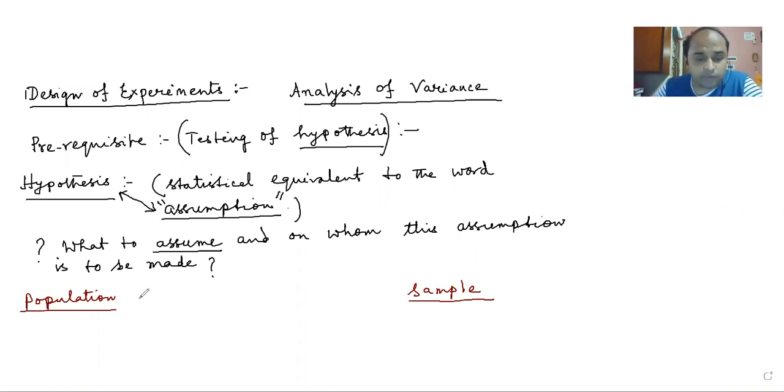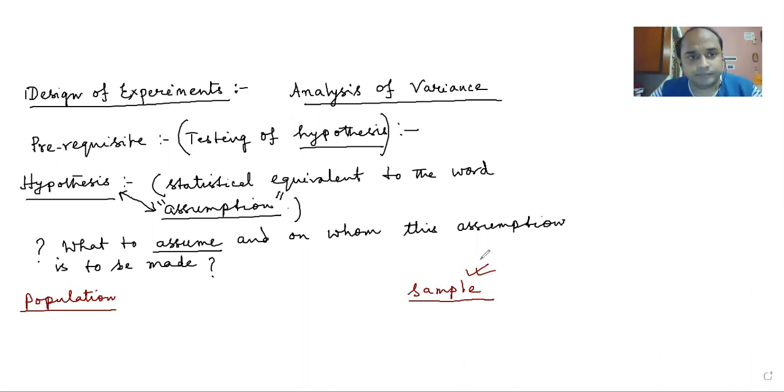The population is a large set which contains the sample, and we select the sample on the basis of some criteria or methodologies. Why do we select a sample? Because we want to study the sample, and on the basis of the result obtained from it, we want to declare something about the population.